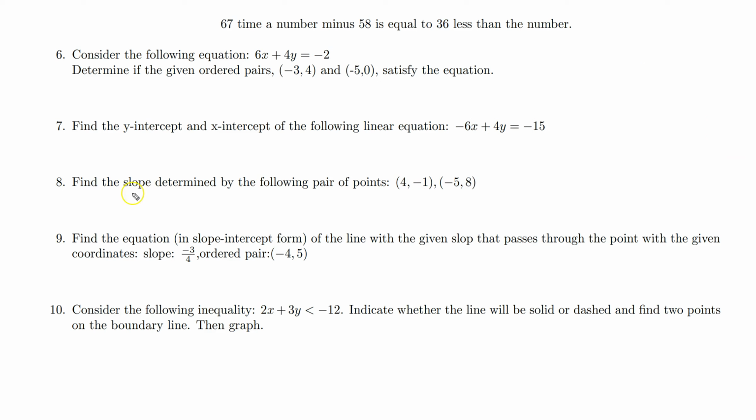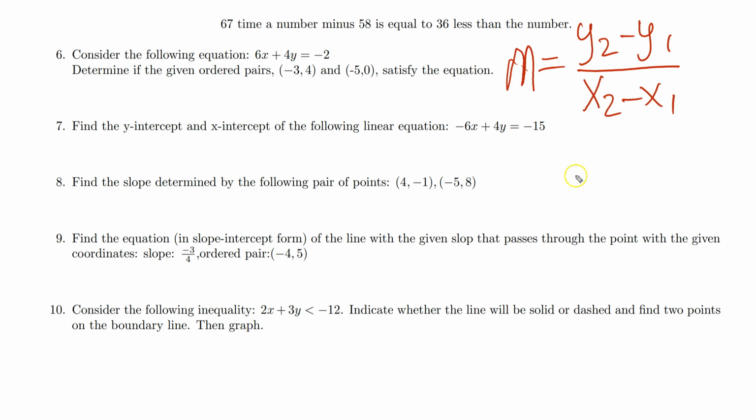Now, for number 8, find the slope determined by these pairs. Well, we're using the slope formula. M equals y sub 2 minus y sub 1 over x sub 2 minus x sub 1. And then we just put it in there. 8. 8 minus a minus 1 makes it a plus 1.